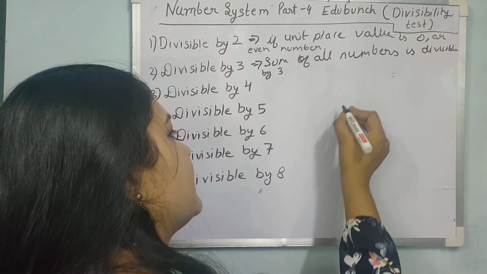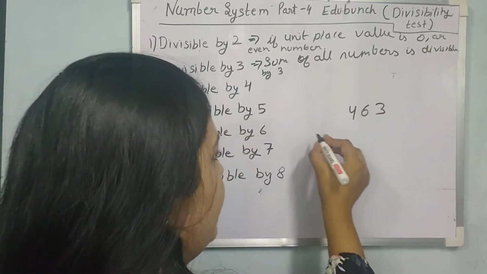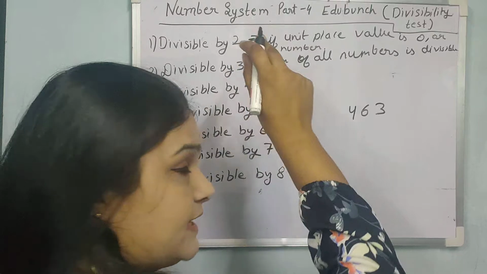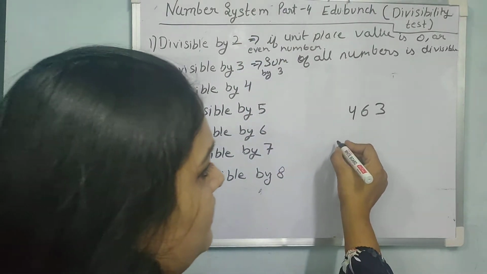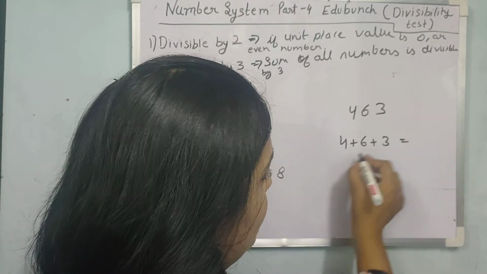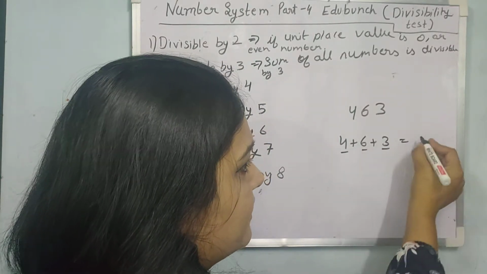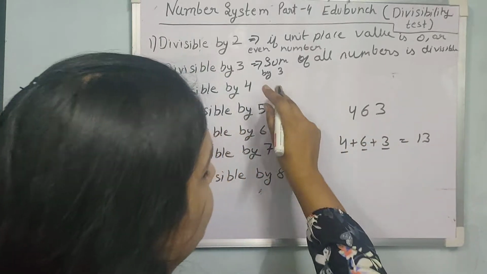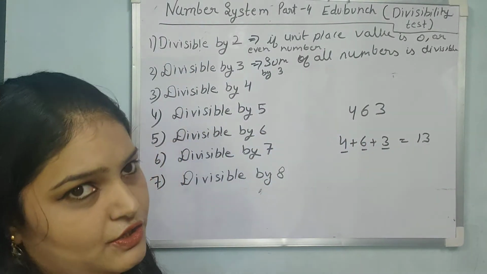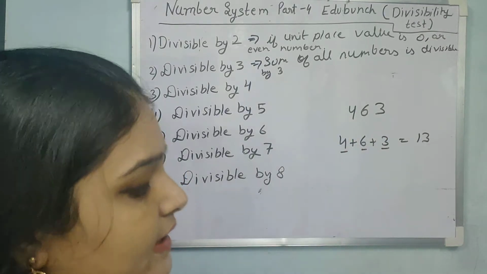Look here, we have the example 463. For the divisibility test of 3, we should add all these values. So 4 plus 6 is 10, plus 3 is 13. 13 never comes in the table of 3, so we can say it's not divisible by 3.